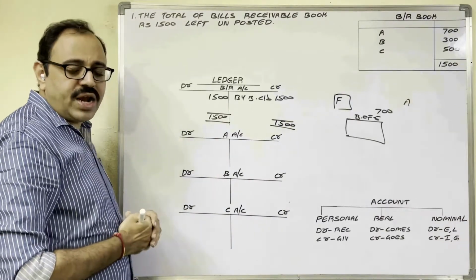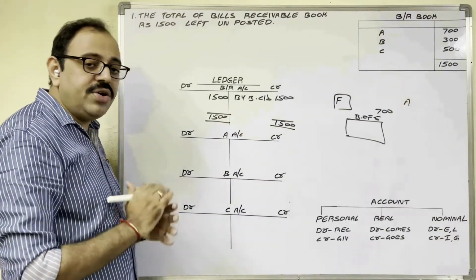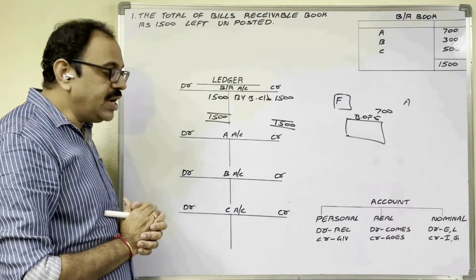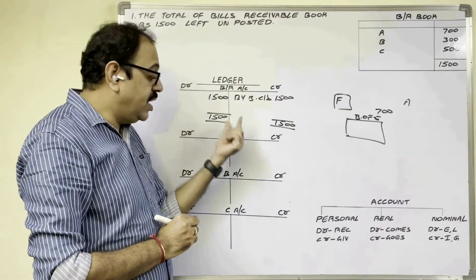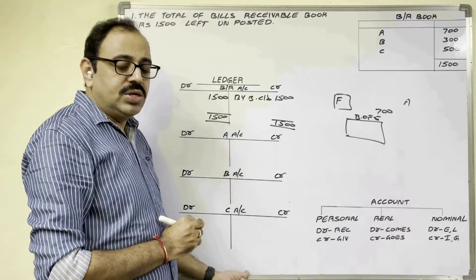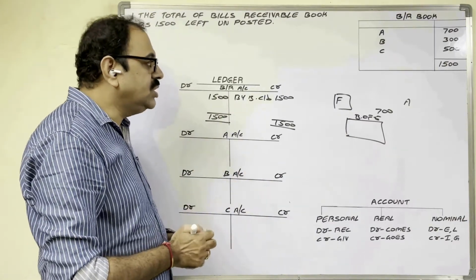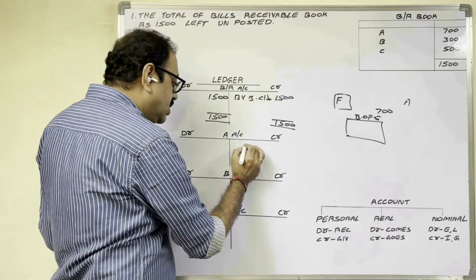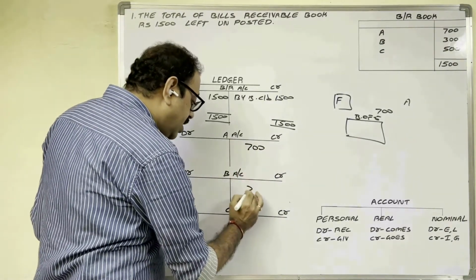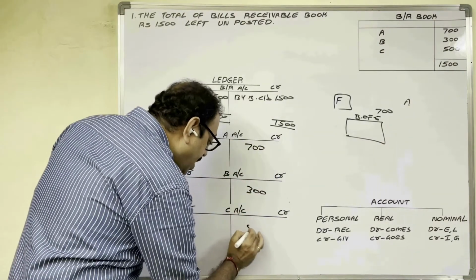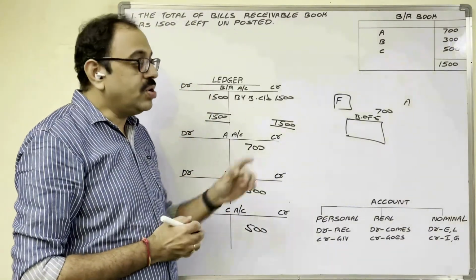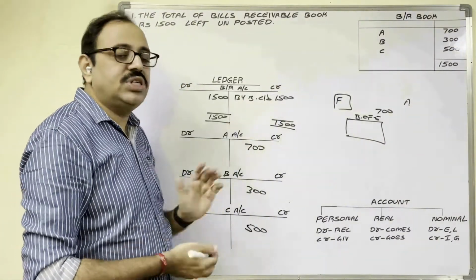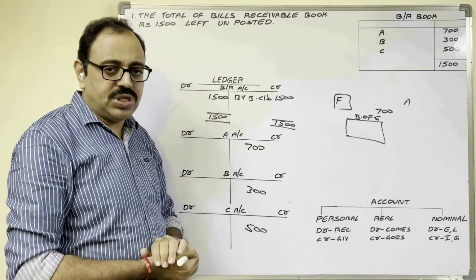When we post the transaction, we have to follow the double entry principle. As per that, if any amount is debited in one account, in the other account we should credit. So in the individual accounts, these individual amounts 700, 300 and 500 will be posted on the credit side. So this is correct recording and correct posting. This is the actual procedure.